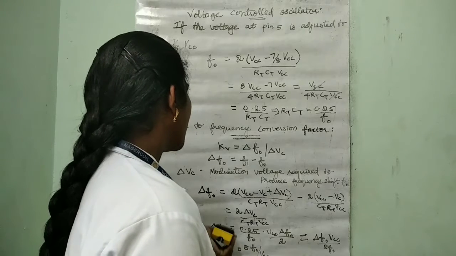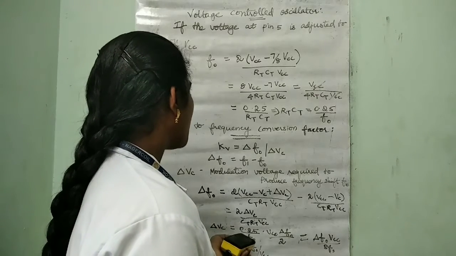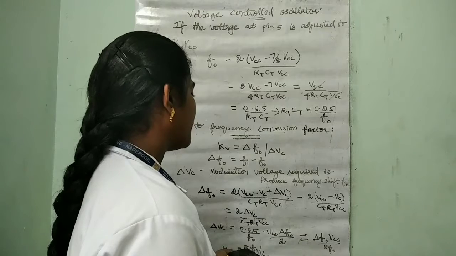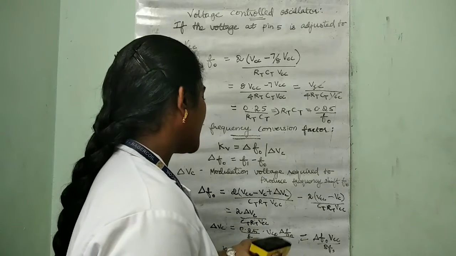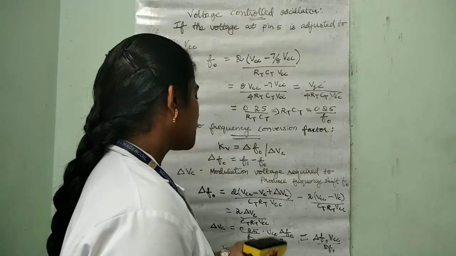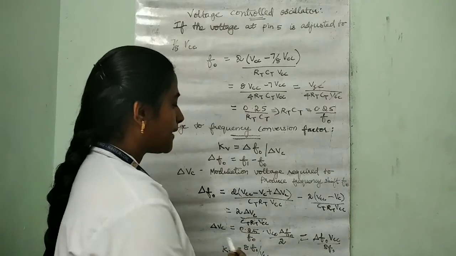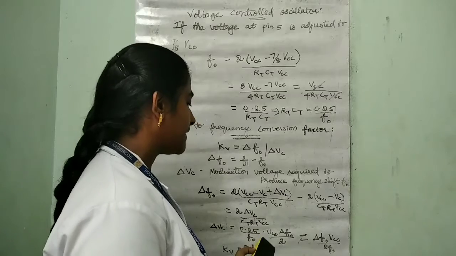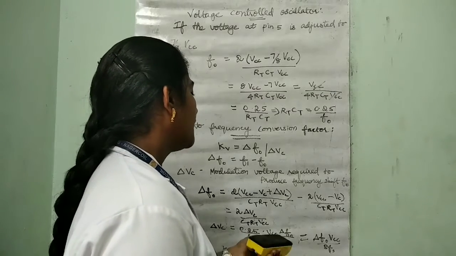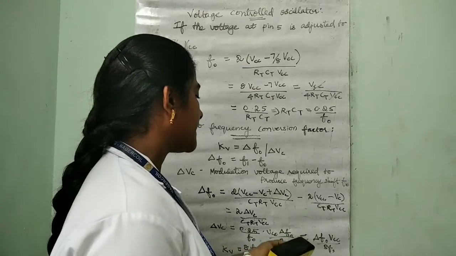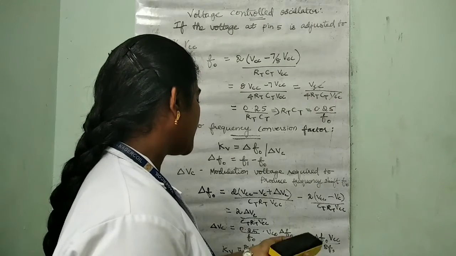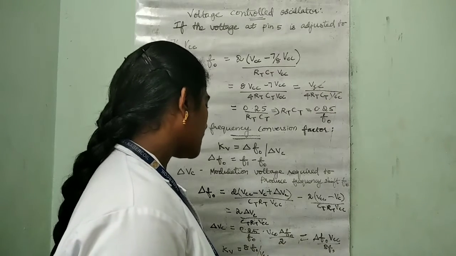So the value of del Vc is 0.25 divided by F0, into VCC, into del F0 divided by 2. After cancelling and dividing 0.25 by 2, you can write it as del F0 VCC divided by 8 F0.